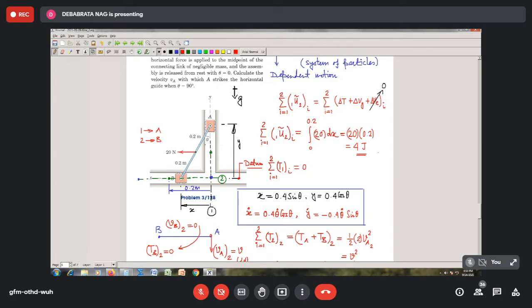Observation number 2 is that in this case we are very lucky, in the sense that we are being given two configurations, and both of them are very simple geometrically. The initial configuration with respect to this angle theta was theta equal to 0 and the final configuration was theta equal to 90 degree. But what would be the case when this angle is somewhat general? Say, as the motion starts, what will be the velocities of these two blocks at theta equal to say 45 degree?